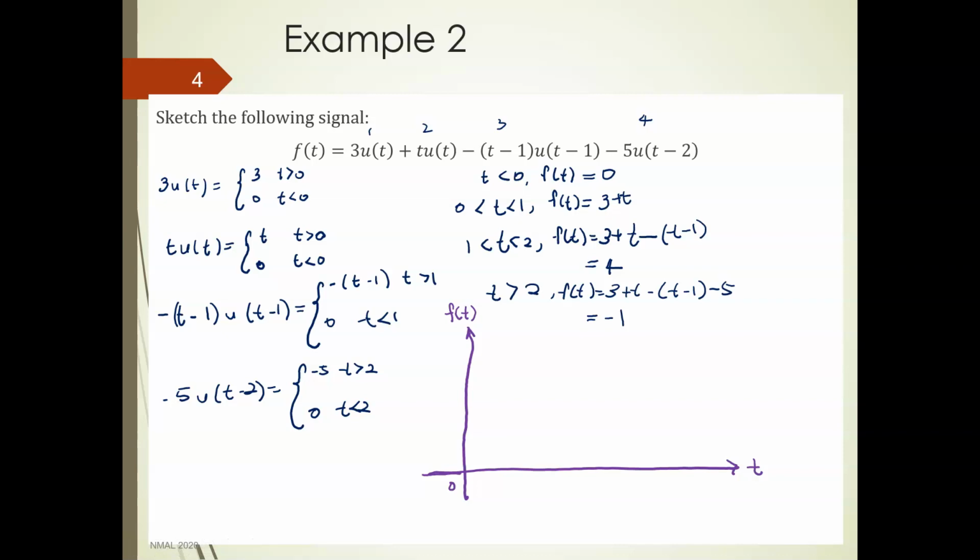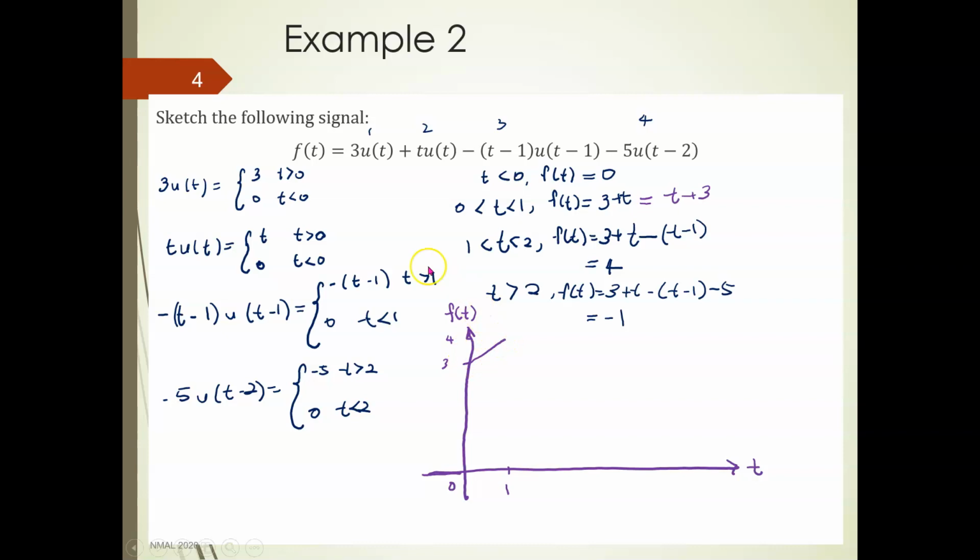3 plus t is basically the same as t plus 3. It means that the graph intersects at 3 and it has a gradient of 1. So it should go like that, to 4 at t equal to 1. It means that between 0 and 1, it goes up from amplitude 3 to 4.